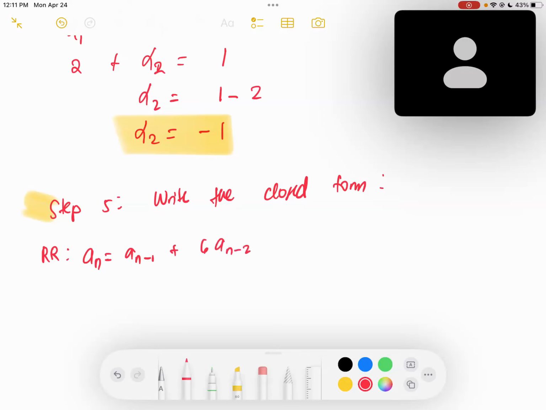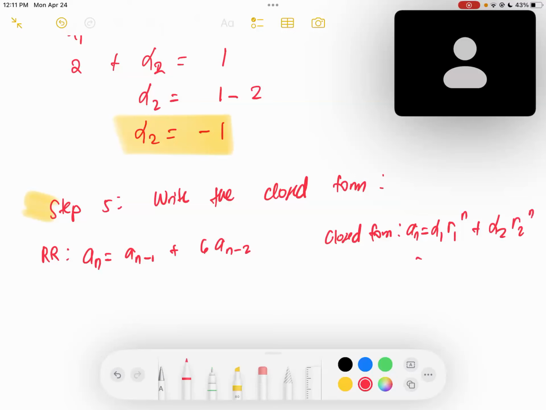For the closed form, we have a sub n equals alpha 1 r1 raised to n plus alpha 2 r2 raised to n.